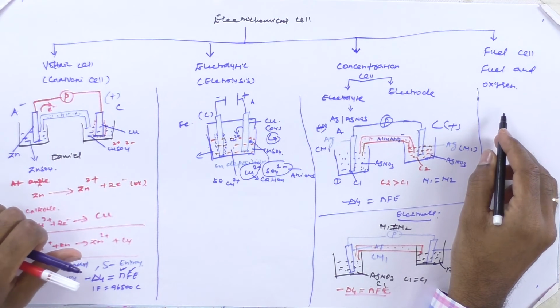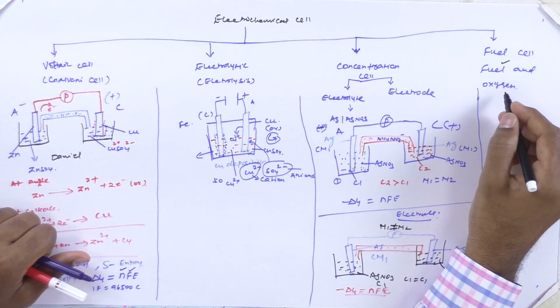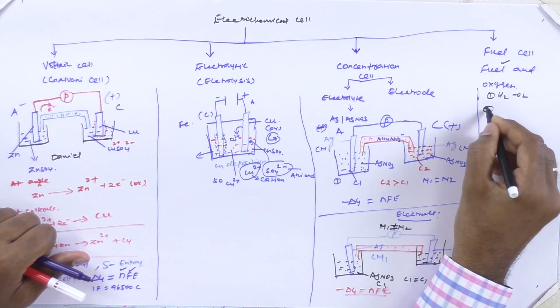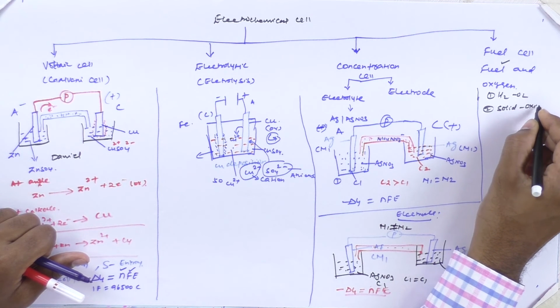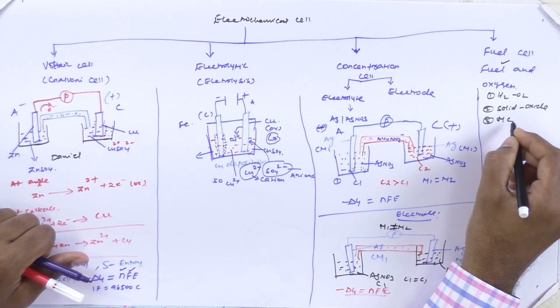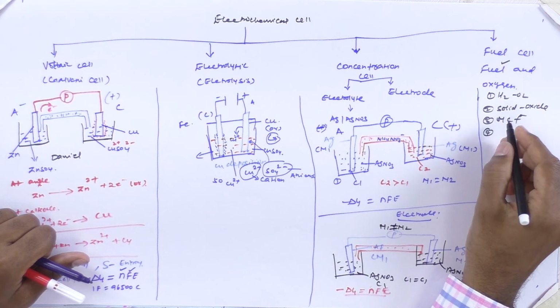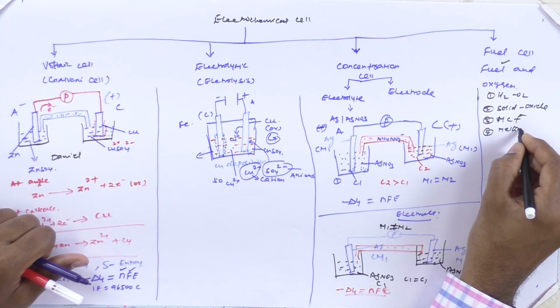Here we are going to use hydrogen as a fuel. There are a number of types available, like the hydrogen oxygen fuel cell, solid oxide fuel cell, molten carbonate fuel cell, MCFC, and methane fuel cell.